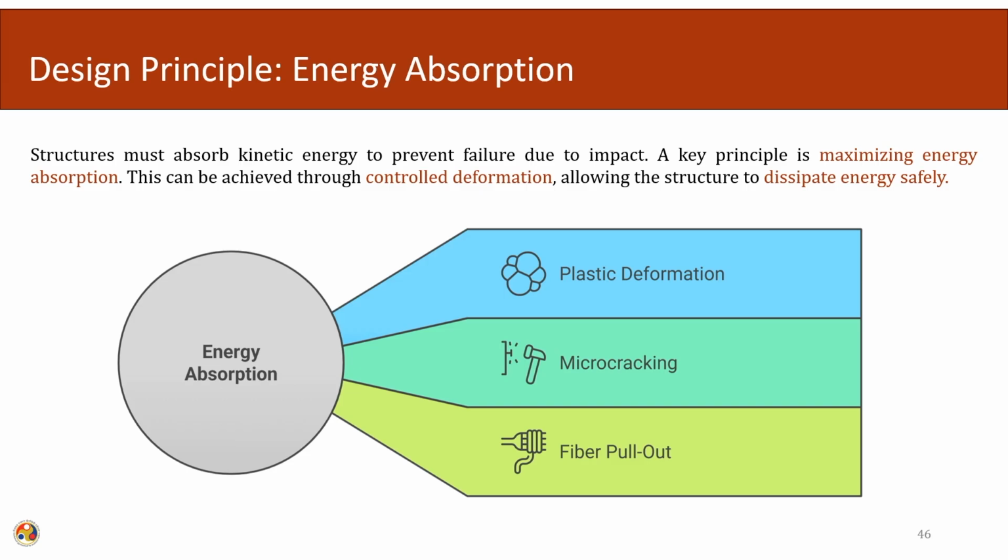For example, if we use a honeycomb type of structure, then we can control the deformation occurring in the structure, and this philosophy is being adopted in high speed trains and recently also in many types of car applications. So, plastic deformation is allowed, micro cracking is prevented and fiber pull out type of deformation is being incorporated. So, there is no wear and tear of the structure itself.